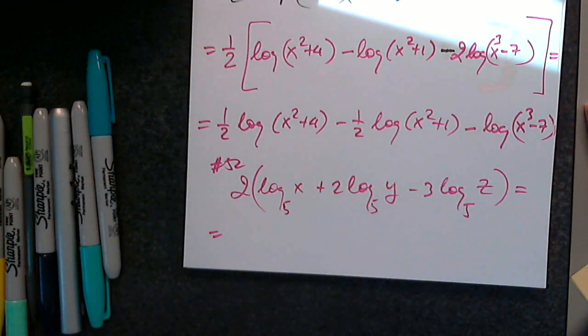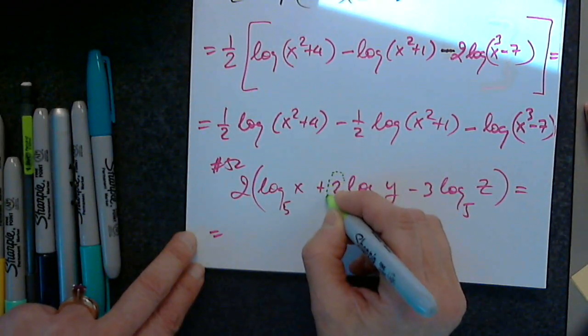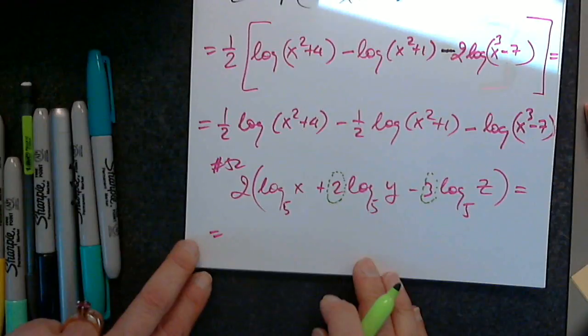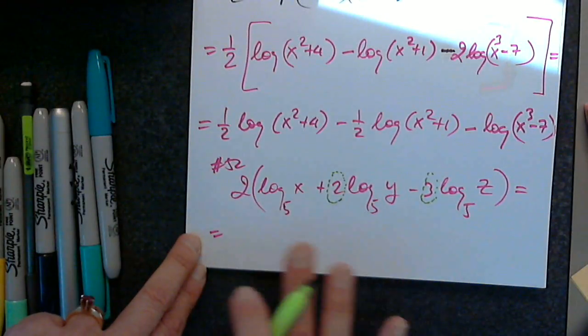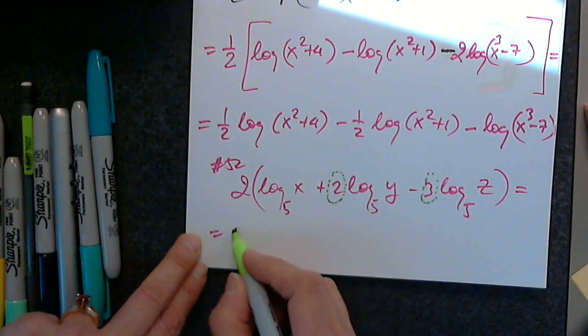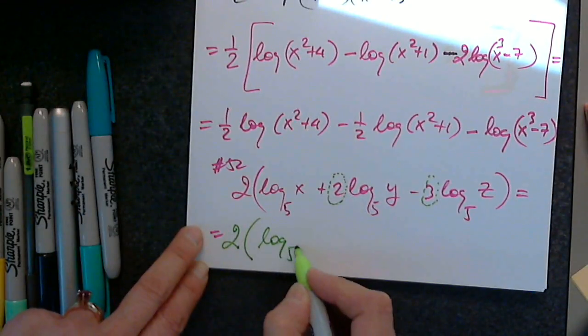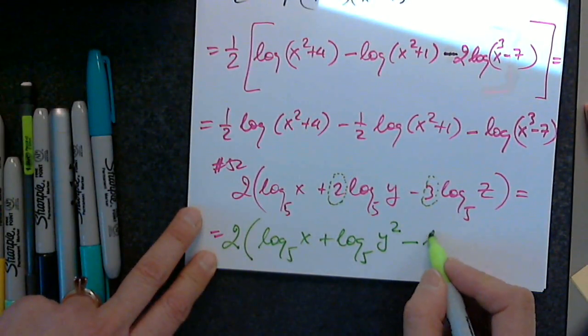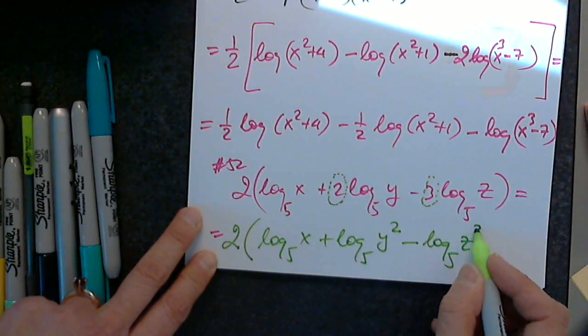Inside. Yes, absolutely. Separating the plus and minus of the numerator and denominator. True, but here's my starting point right here. So I have to worry about these numbers first. I have to clean up the inside. So I have 2 outside, log base 5 of x plus log base 5 of y squared minus log base 5 of z to the third.